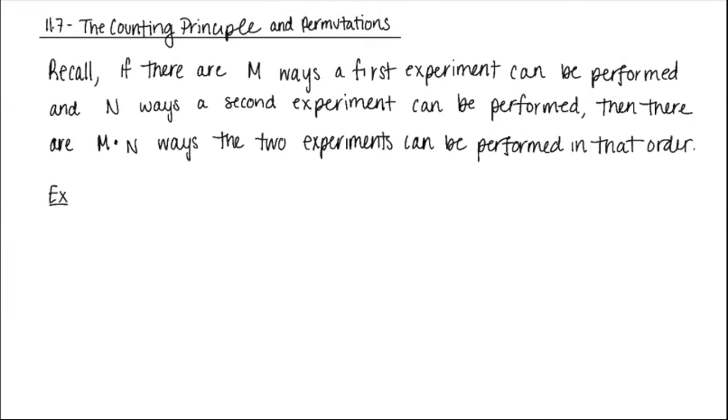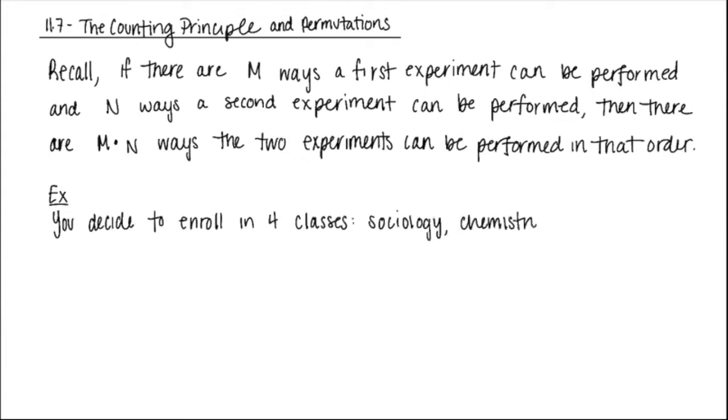So let's do a quick example, just refreshing ourselves with this principle. Maybe you decide to enroll in 4 classes. You're going to enroll in a sociology course, a chemistry, an economics, and a humanities course. So you're going to pick one of each of these classes, and let's pretend it's virtual, so nothing is going to overlap.